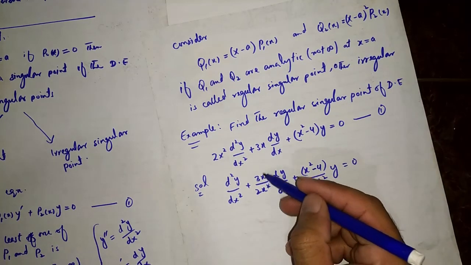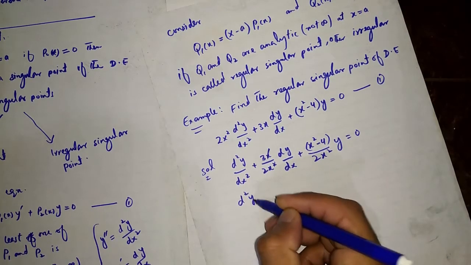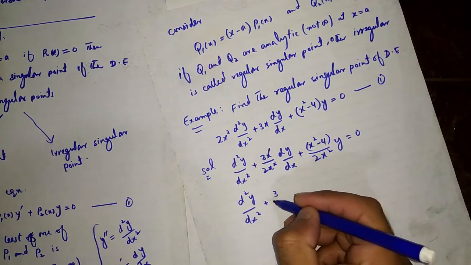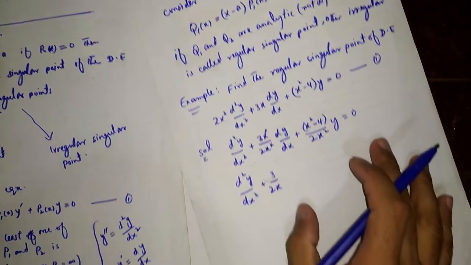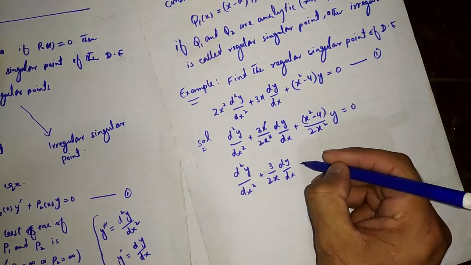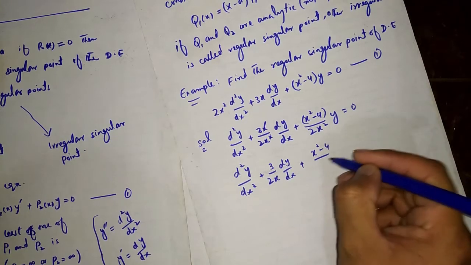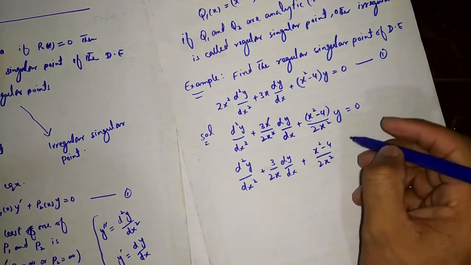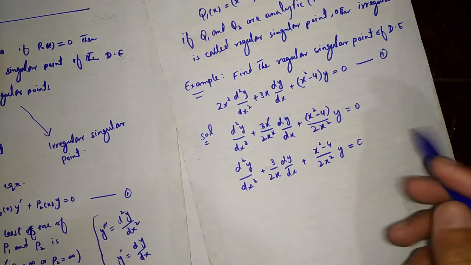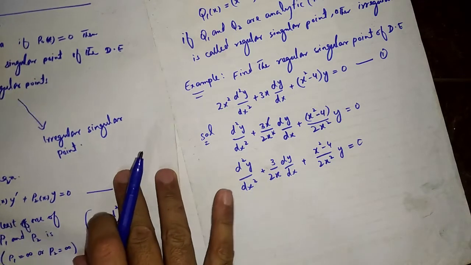Here x square will be cancelled with x, and we will get d square y upon dx square plus 3 divided by 2x into dy upon dx plus x square minus 4 divided by 2x square into y, which is equal to 0. So now compare this with the given differential equation.